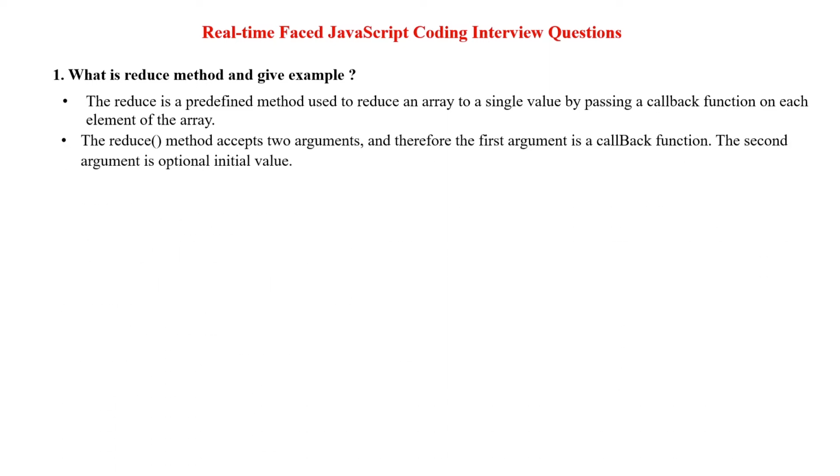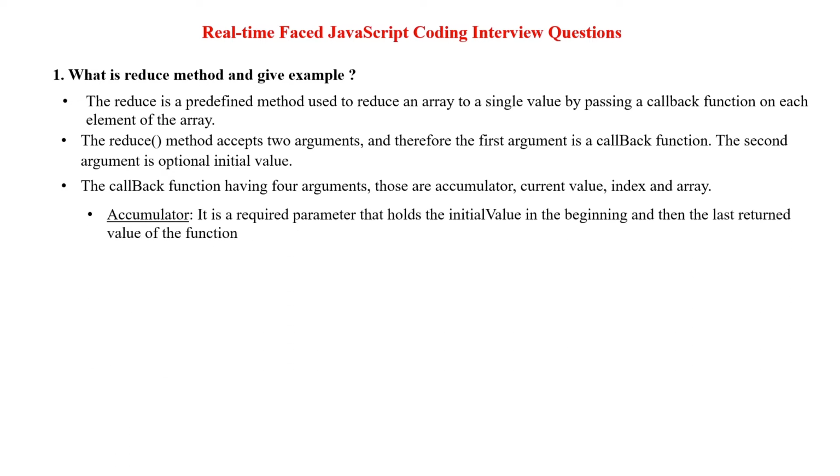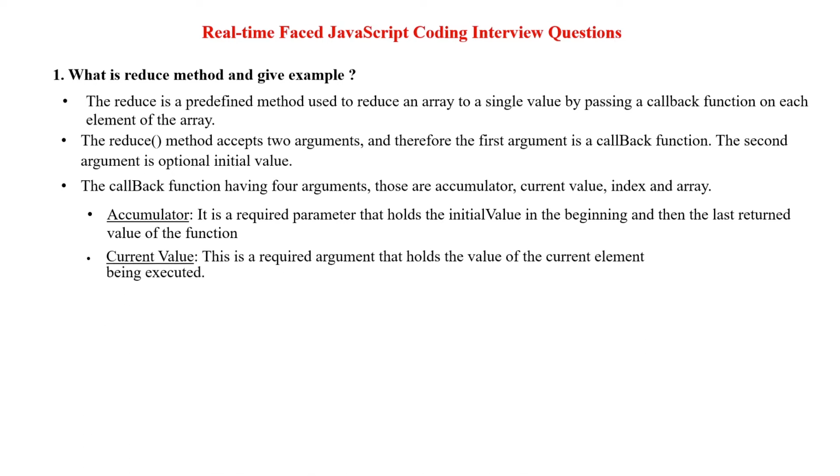The reduce method accepts two arguments. The first argument is the callback function and the second argument is an optional initial value. The callback function has four arguments: accumulator, current value, index and array. Accumulator is a required parameter that holds the initial value in the beginning and then the last returned value of the function.